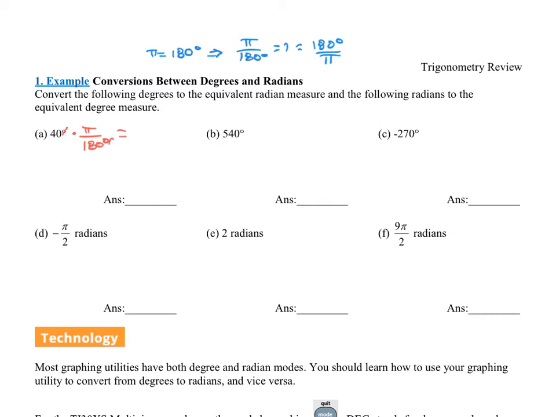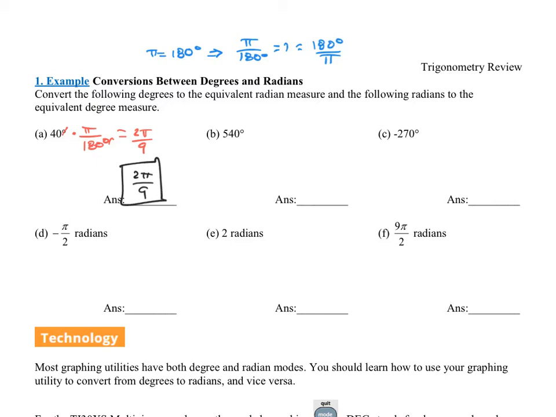So in our calculator, we're going to do 40 times pi divided by 180, and then hit enter, and I'm getting a value of 2 pi over 9. What's nice about our calculators, the TI-30XS MultiView calculator that I recommended for this course, is it will simplify all these fractions for us. So you don't have to do any more math, it's going to do it for you. Very, very nice, convenient feature of the calculator.